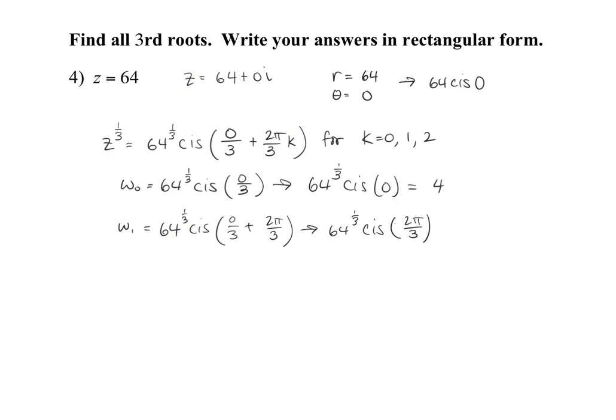So 64 to the 1/3 is 4. And then we can figure out the cosine and the sine of 2 pi thirds. So the cosine of 2 pi thirds is negative 1/2. And then the sine of 2 pi thirds is square root 3 over 2. So it's i root 3 over 2.